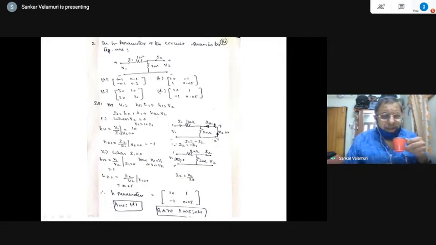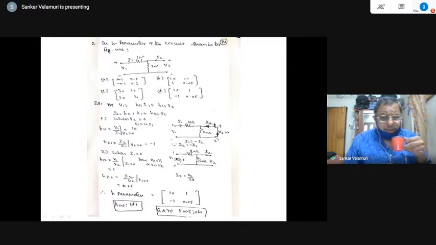Then in the second case, when port 1 is open circuited, that is V2 is being excited, you can keep V1 as the measurement now. So I1 equal to 0, that means this is open circuited. Find the ratio of V1 by V2.